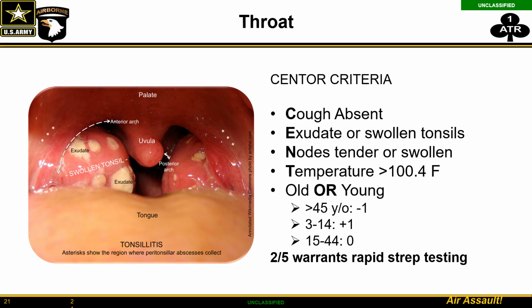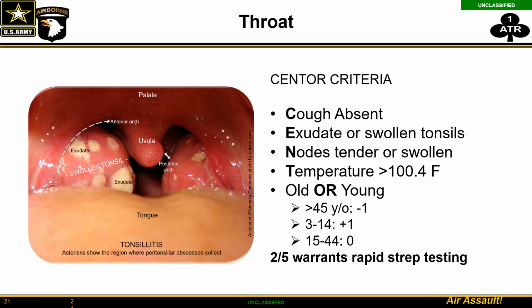Most of our service members are between the ages of 15 and 44, so we don't often see a +1 or a -1 on this. We might see a 0 or a 1. Two out of 5 of those being positive does warrant rapid strep testing.